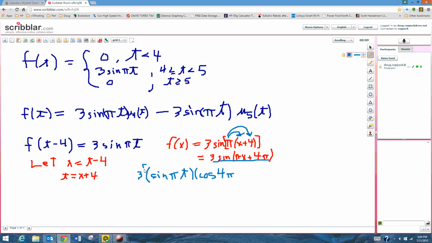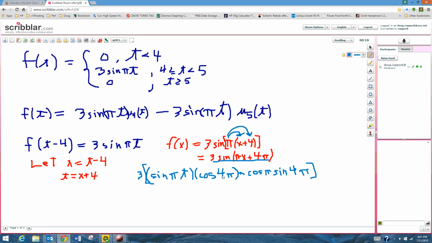I better put a nice big bracket around this, plus the cosine of pi x, or pi t, sine of 4 pi. Too many parentheses, not enough parentheses, whatever.